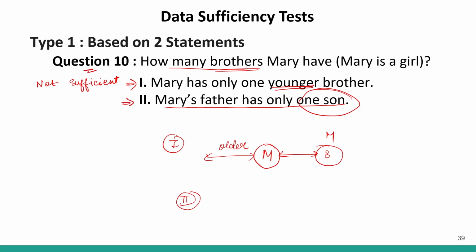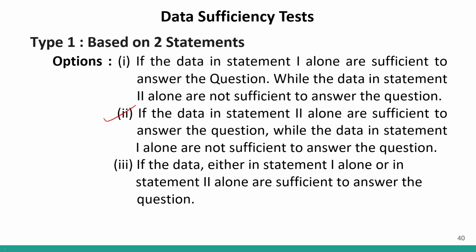So based on this statement, can we find the answer? Yes. So this statement is sufficient. So my answer will be that statement 1 is not sufficient, but statement 2 alone is sufficient. So if I look at the options, option number 2 says that statement 2 alone is sufficient, whereas statement 1 alone is not sufficient to answer the question.